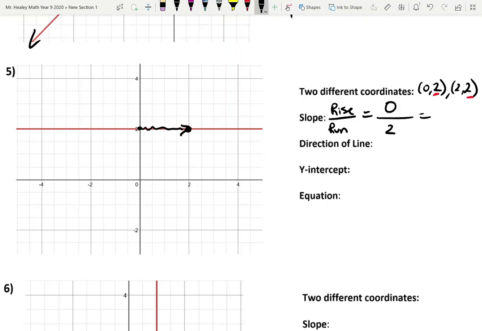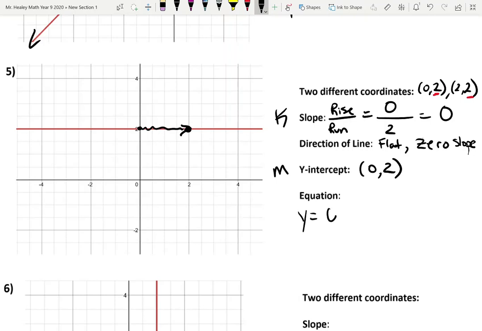And we know that 0 divided by 2 is 0, so our slope is actually 0. The direction of the line, just say it's flat. Call it 0 slope. The y-intercept is (0, 2).